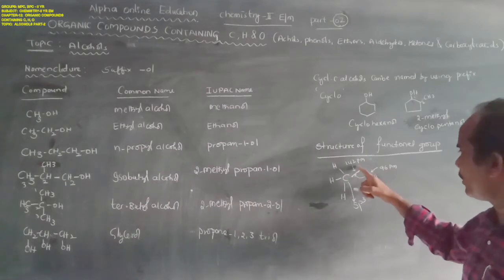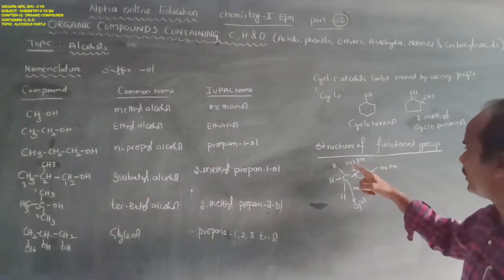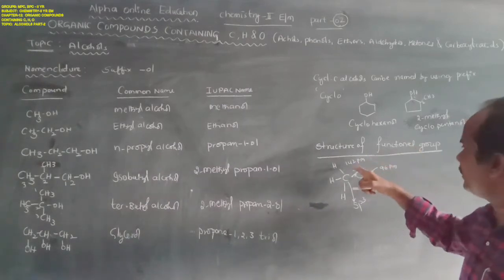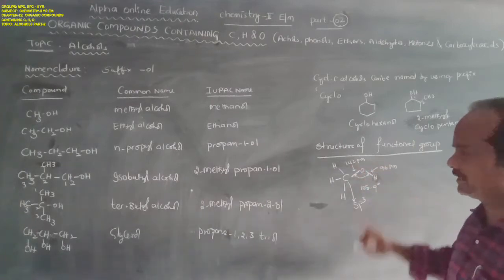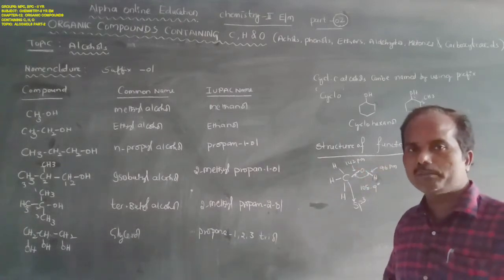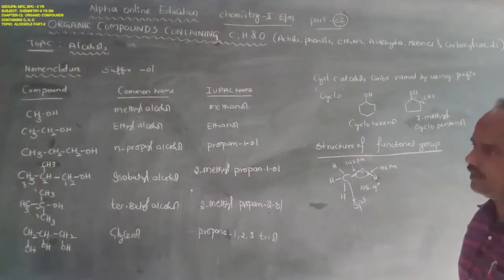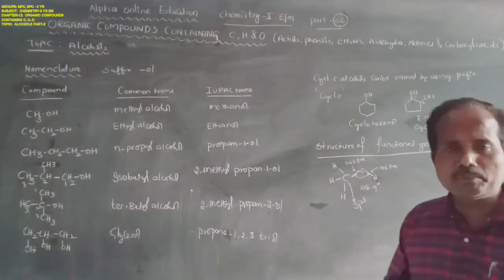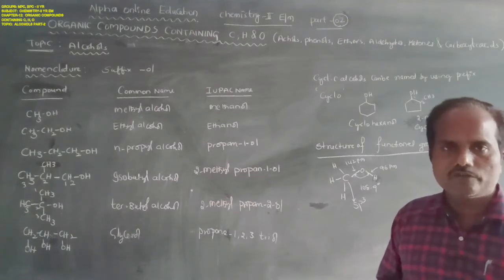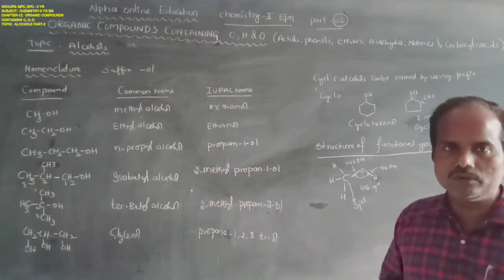This sigma bond length is 1.42 angstroms or 142 picometers. In general, the C-C bond length is 1.54 angstroms or 154 picometers.